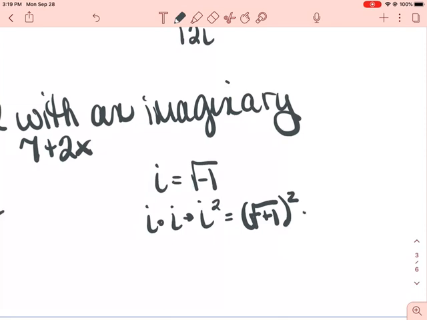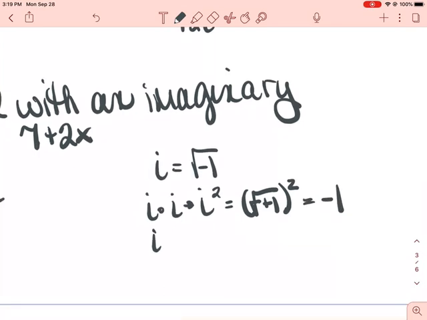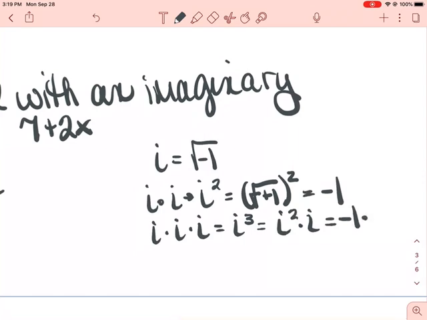Now remember, when you square a square root, the square root goes away. It's negative 1. i times i times i is i cubed. Another way to write that is i squared times i. Well, that's negative 1 times i, which is negative i.